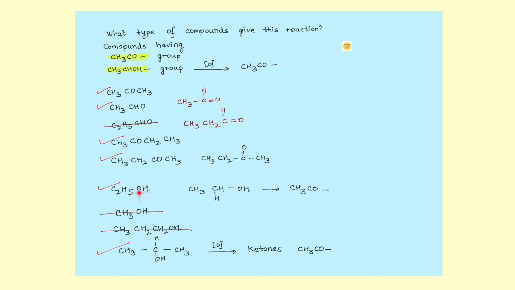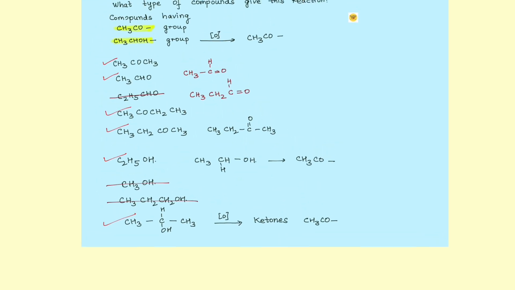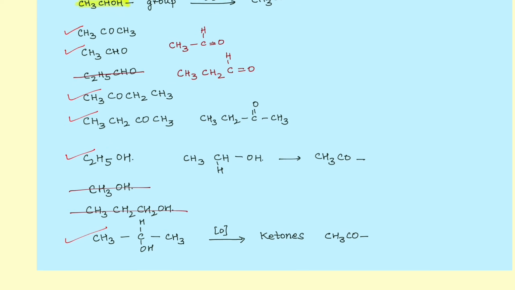Yes. Again, I had explained to you with the help of this expanded structure, we know that this gets oxidized to the CH3CO group. So that is why CH3CHOH group, right? You can see very clearly. That's what we mentioned, CH3CHOH group.